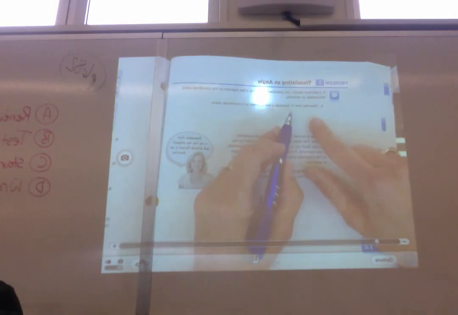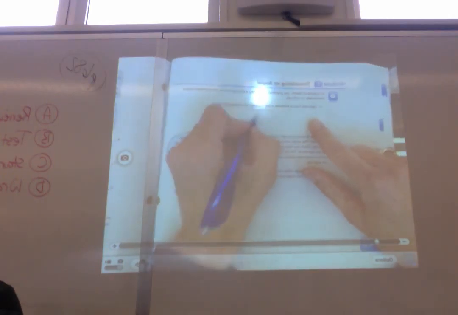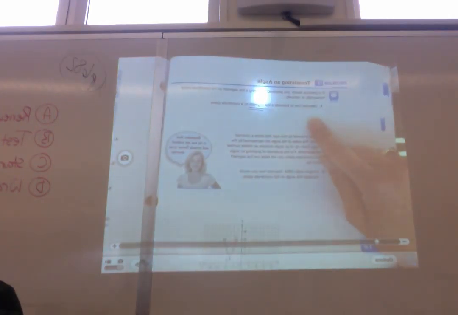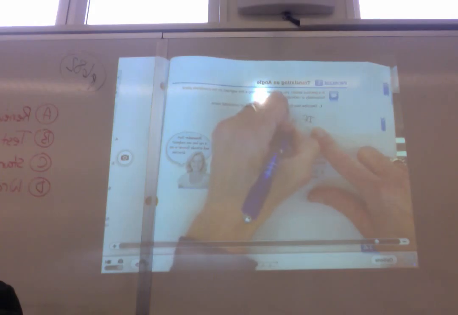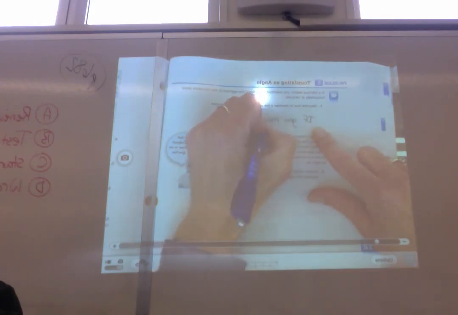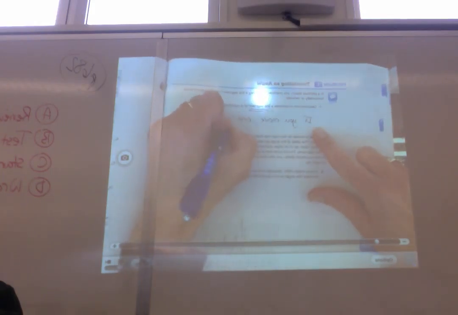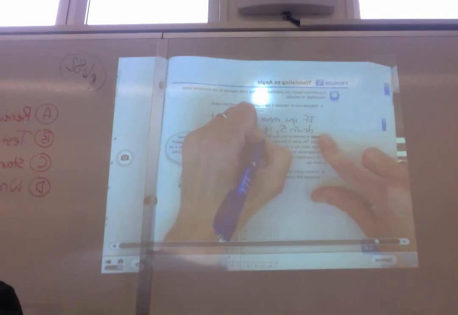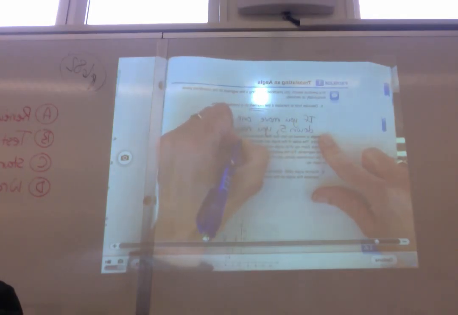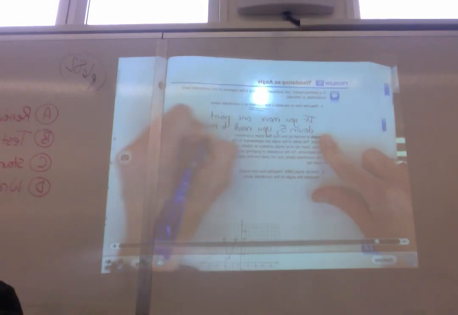Okay. How did we translate a line segment? How did we move it? If you move one point down 5, you need to move the other down 5.